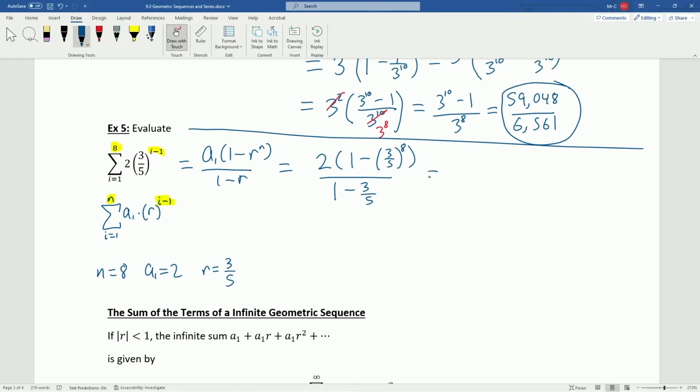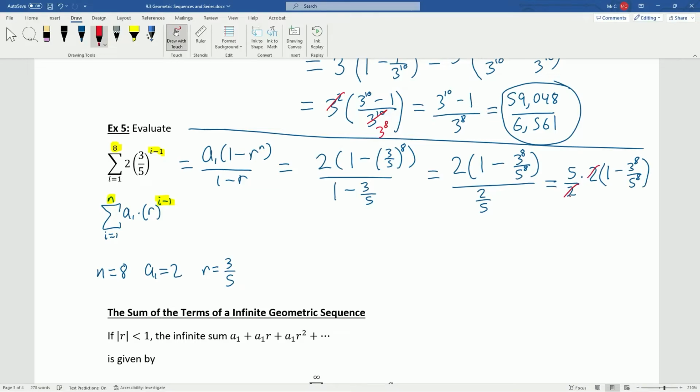And we have a similar algebraic issue for this problem, so we'll just go through the same process. 2 times 1 minus 3 to the 8th over 5 to the 8th, divided by 1 minus 3/5, that's 5/5 minus 3/5, that's 2/5. Division is multiplication by the reciprocal. So I'll write this as 5 over 2 times 1 minus 3 to the 8th over 5 to the 8th.